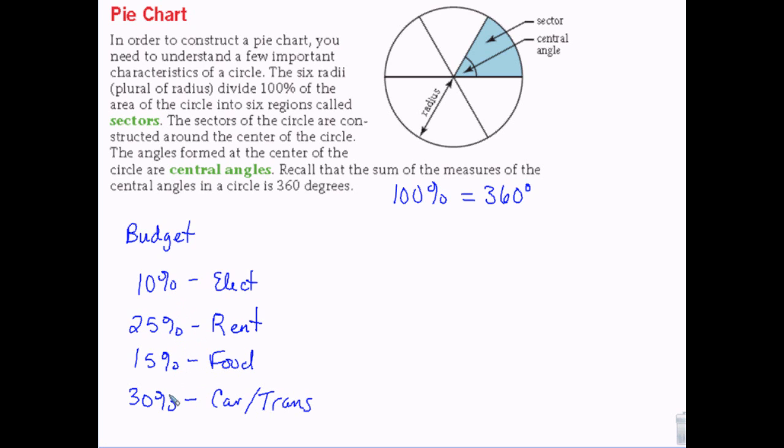So where am I? I'm at 80 right now, and then 20%, we'll just say miscellaneous, okay?